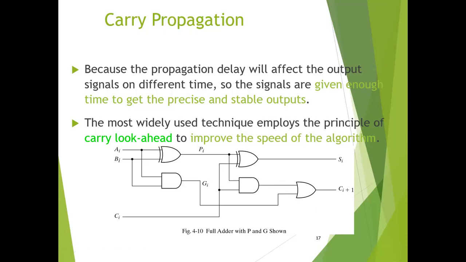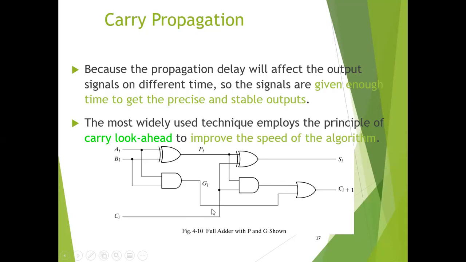If there are four full adders in the adder, the output carry C4 would have 2 into 4, that is 8 gate levels from C0 to C4. If four full adders are connected, the carry will have to propagate through 8 gate levels from C0 to C4.